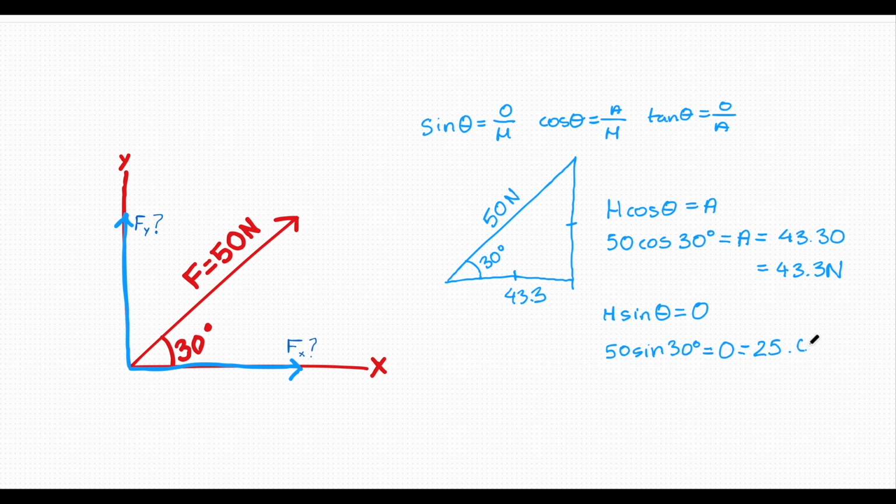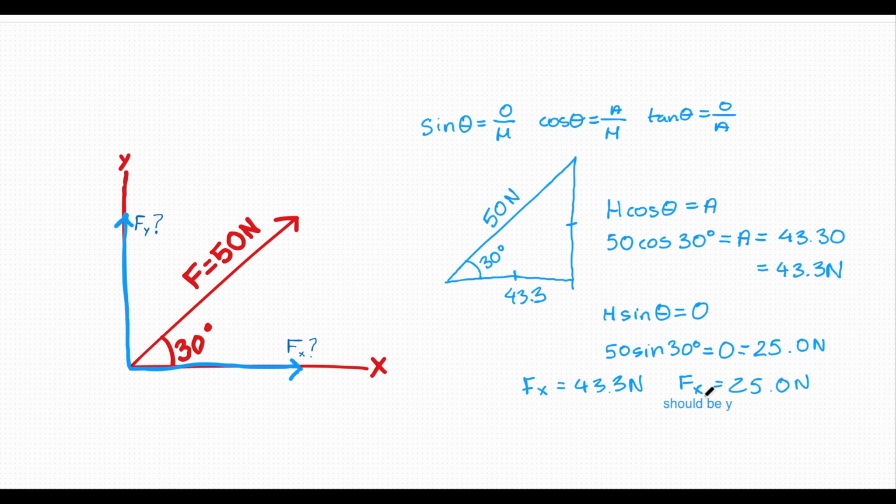And let's put it in 3 sig figs as well. Now, just a reminder, put your calculators in degrees mode if you're given this angle. And so this is basically our answer. The force in the x direction is 43.3 newtons, and in the y direction, it's 25 newtons.